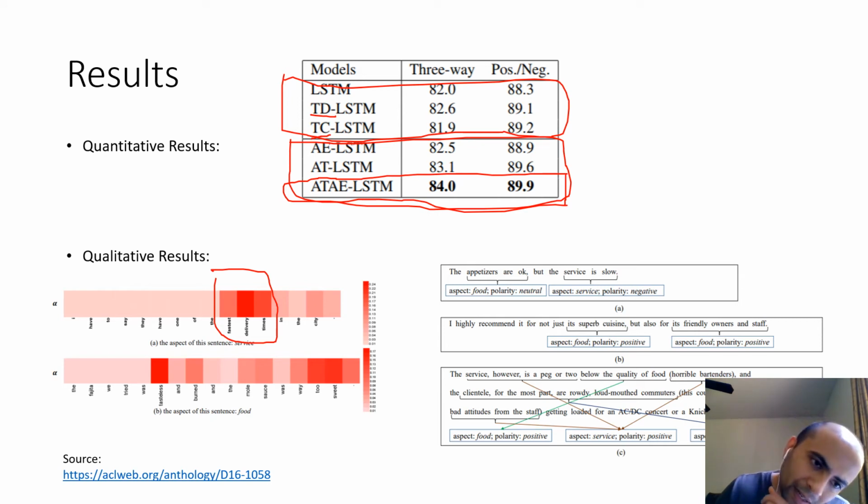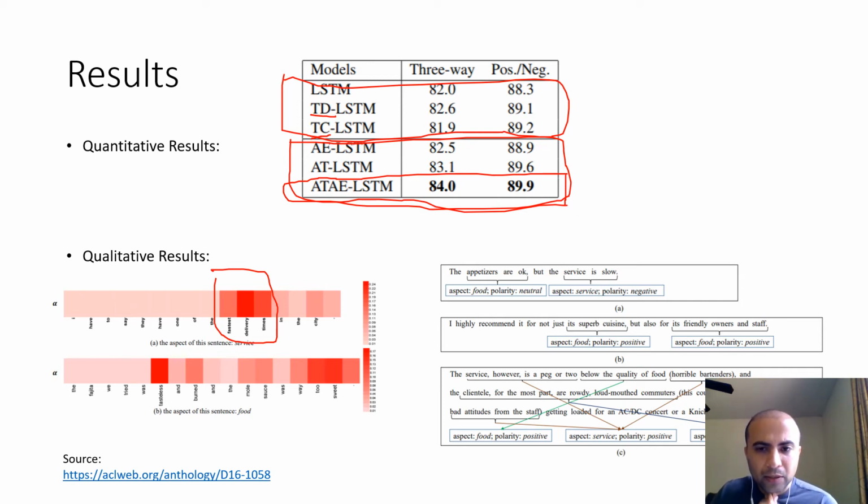Similarly here, it says the fajita we tried was tasteless and burned, and the mole sauce was way too sweet. So the related words in the sentence have similar activations.